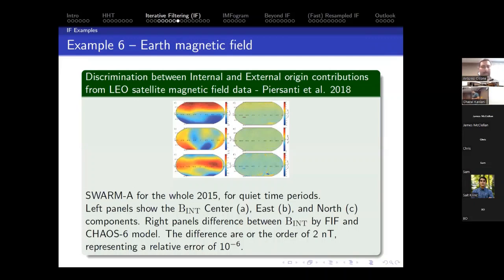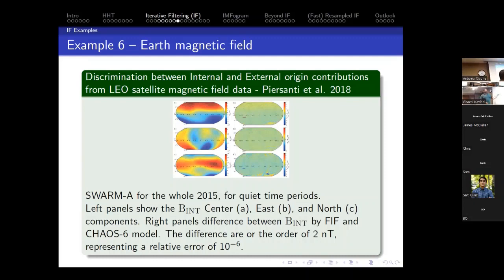Or here is another example, where we took the magnetic field of the Earth measured from satellites. We would love to just measure the Earth's magnetic field, but the satellite is measuring the magnetic field in the upper atmosphere, which contains a contribution from the Earth, but also from the sun and from deep space.